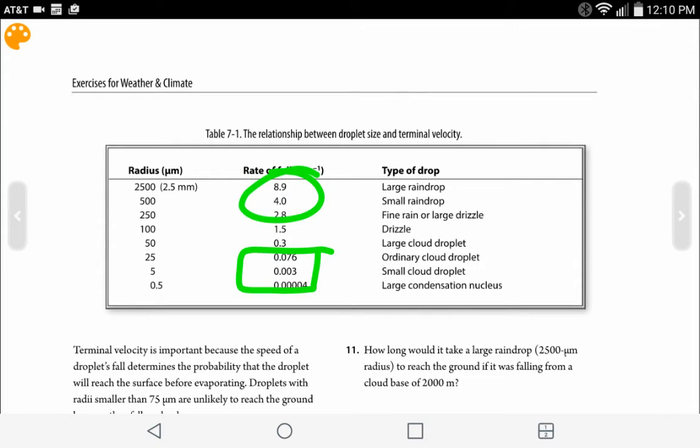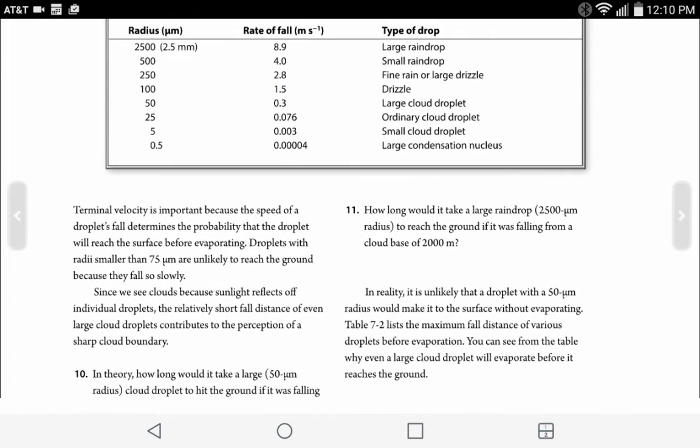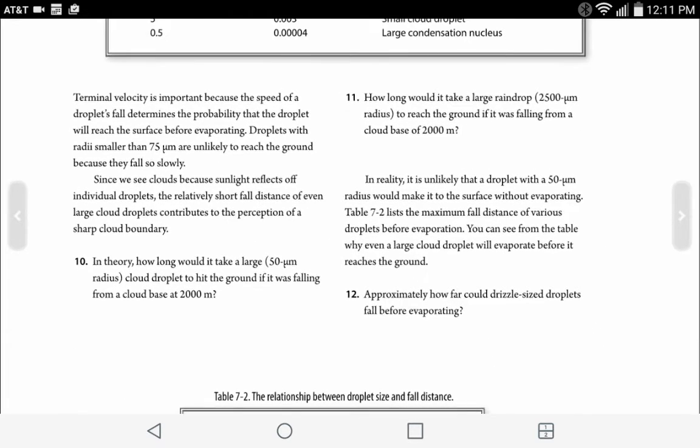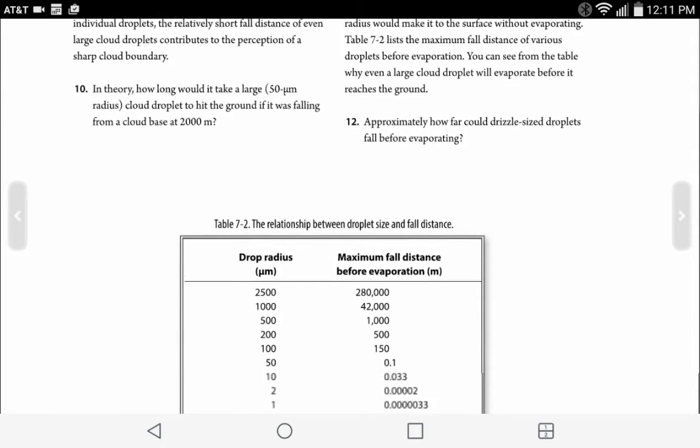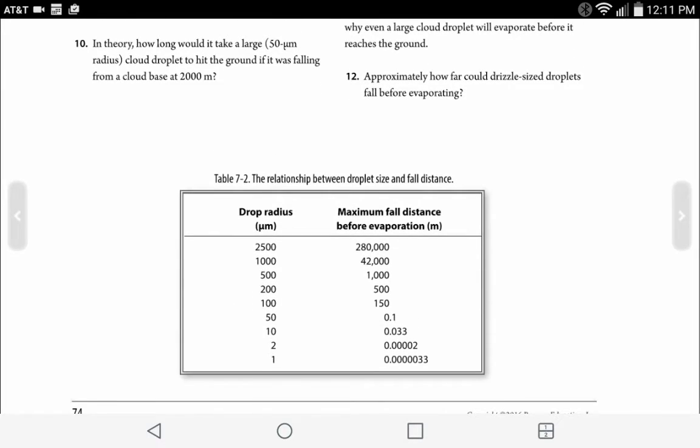You need to be a big old fat raindrop if you're going to fall at a fast enough terminal velocity to fall out the bottom of the cloud and actually make it to the ground before you evaporate, which is a totally cool thing. Cloud physics is a really cool discipline, and the book tries to give a sense of that by talking in terms of how far through the subcloud layer droplets of different sizes are going to be able to fall before they evaporate.